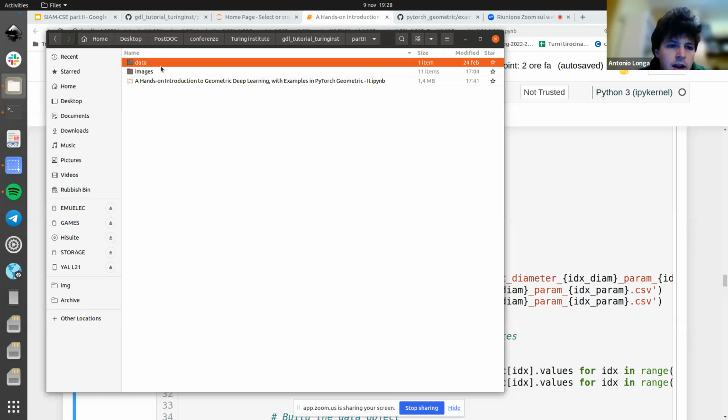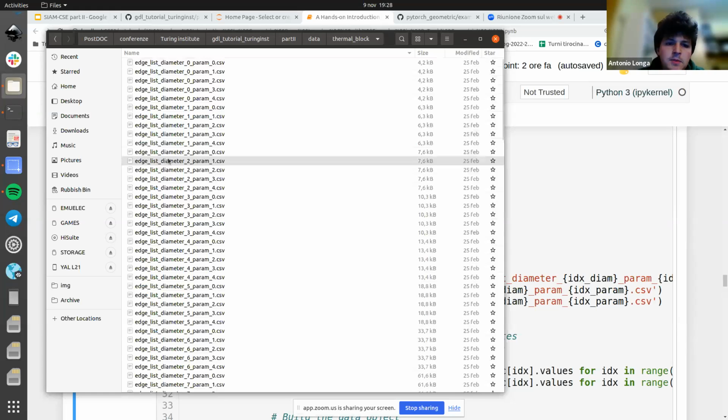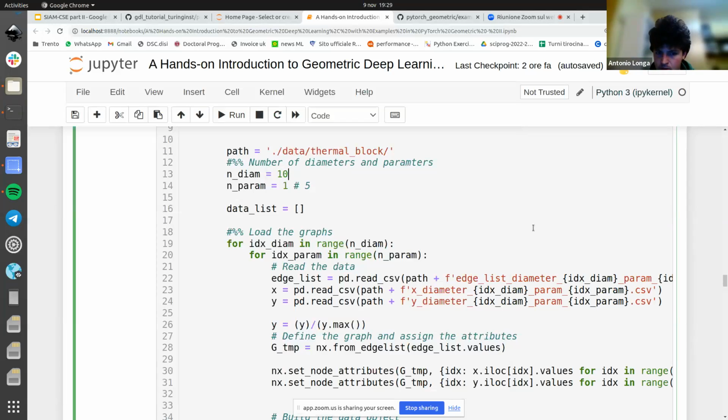Here you have that by diameter we mean the resolution we are using, if I remember correctly, while the parameter specifies the material. So this is really, let me say, a specific example in the sense that we generated this specific data set to show this.